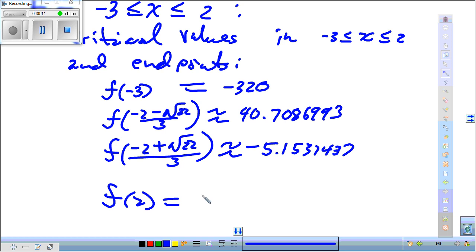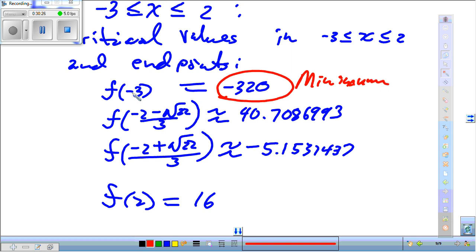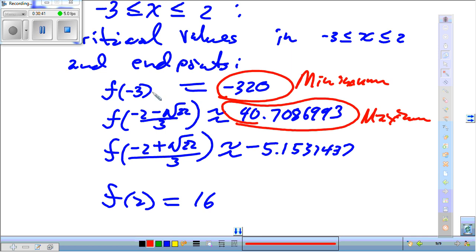And then f at 2 is 16. So looking at this list, here is the absolute minimum, occurring at minus 3. Also in the list, we see the largest value is the absolute maximum. So one of these was originally a local maximum. The minimum occurred because we have an endpoint.